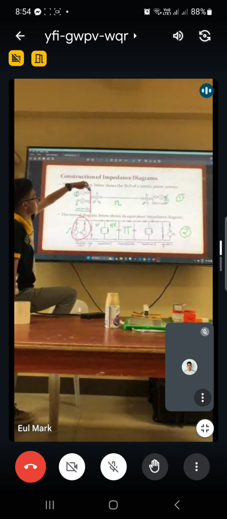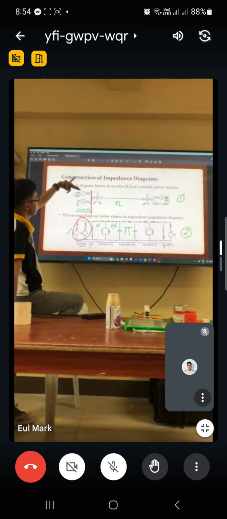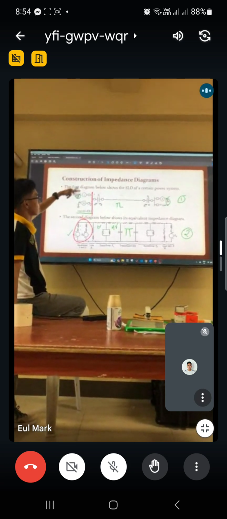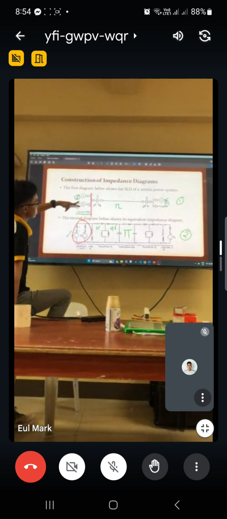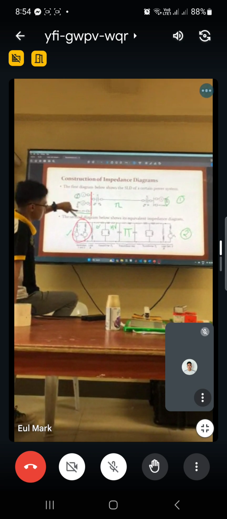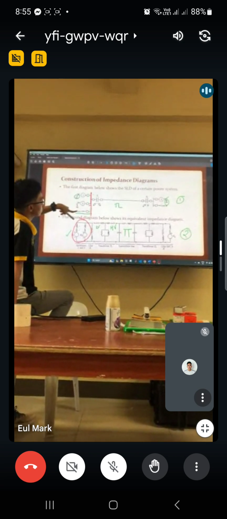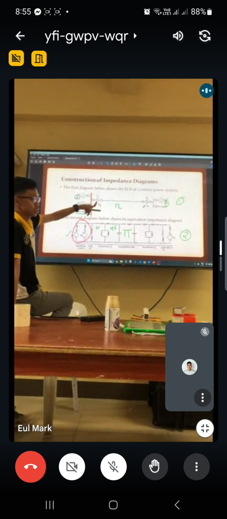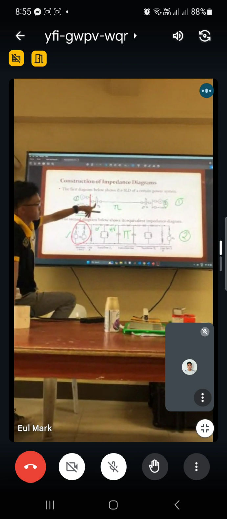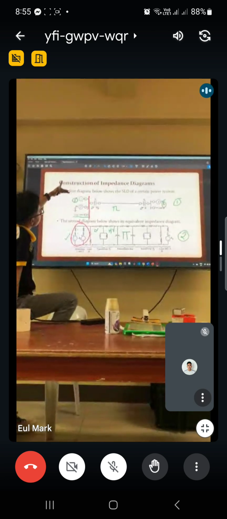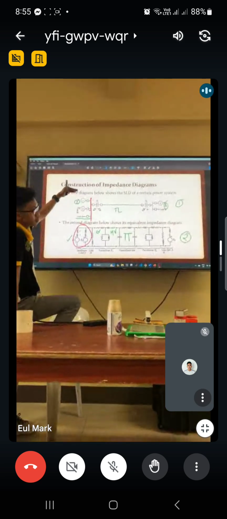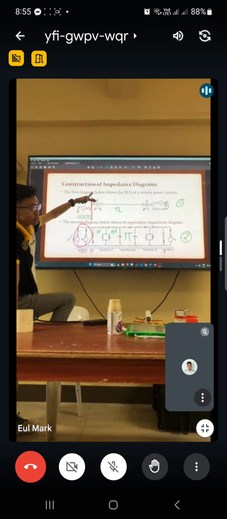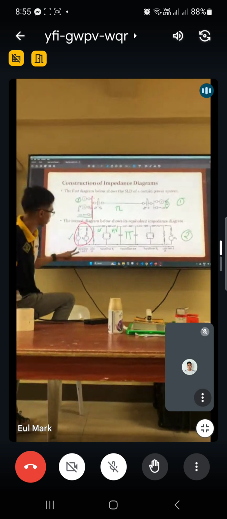Around bus 1, connected together are generator 1, generator 2, load A, and also the primary side of your transformer. Each generator should be represented by its generated EMF and its series resistance or reactance.